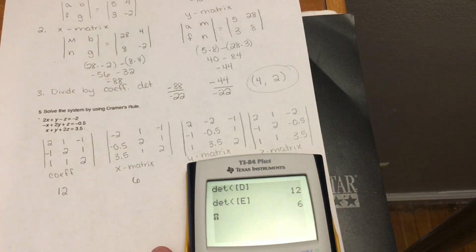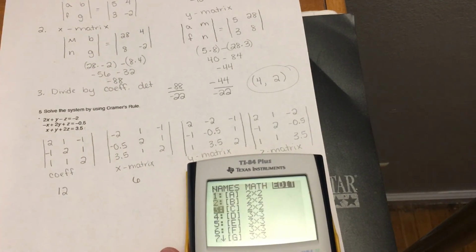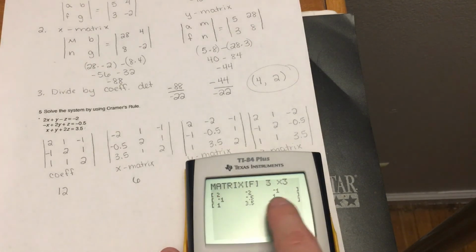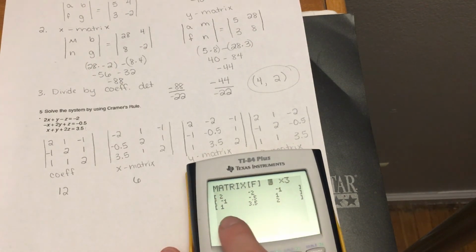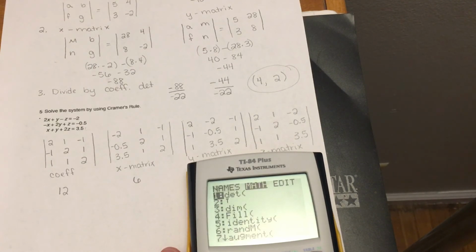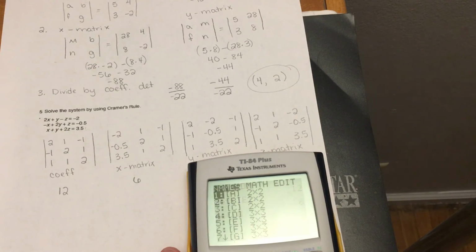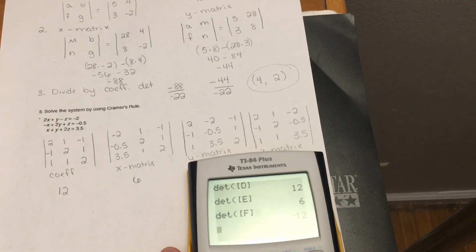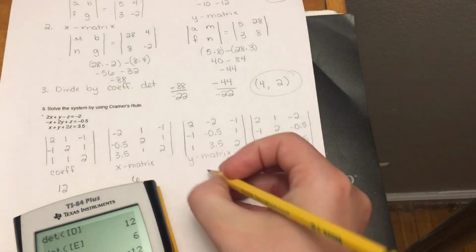Now I'm going to do my next one. Checking my numbers real quick. That looks good. So matrix, determinant, matrix F, -12.